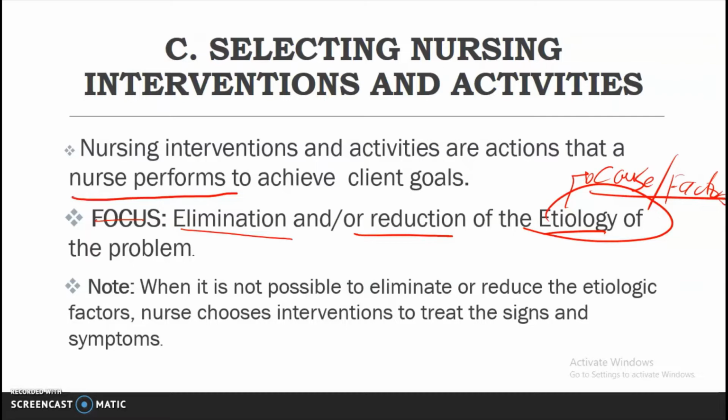Like for example, if the cause or the etiology of the problem is more on the disease process, wherein it needs some pharmacologic treatment and other interventions that only a physician can order, the focus of our interventions will be to treat the manifestations or the signs and symptoms.